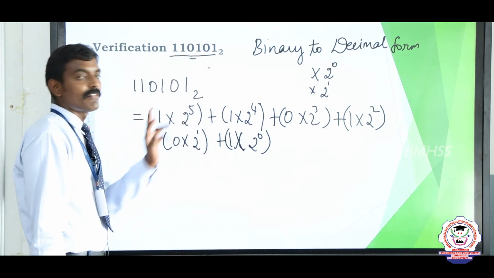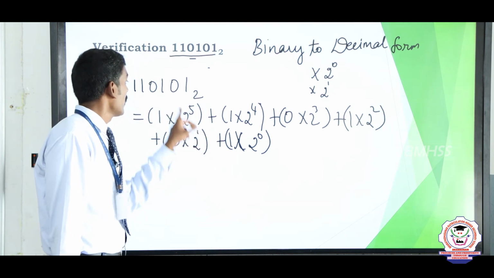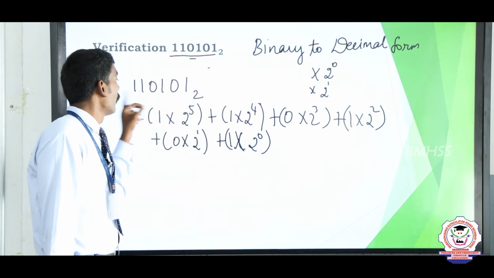How many digits are there? That is the 0th position, and here first position and second, third, fourth, fifth.